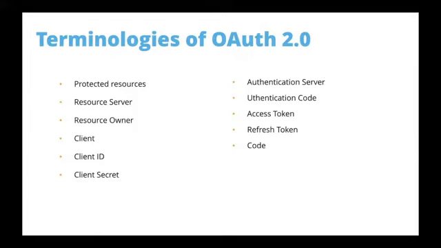Then we have the access token, refresh token, and code. The access token is a token which is used while performing any action on the protected resource. This access token has a validity of 60 minutes, and after 60 minutes it gets expired. So if we are opening a protected resource to a client for a limited period of time, which is less than 60 minutes, we can simply give the access token to the client.